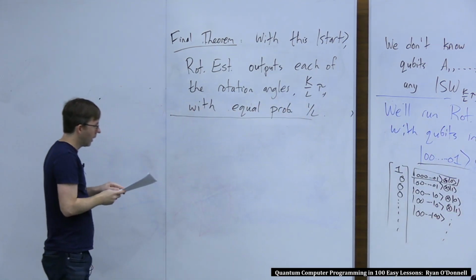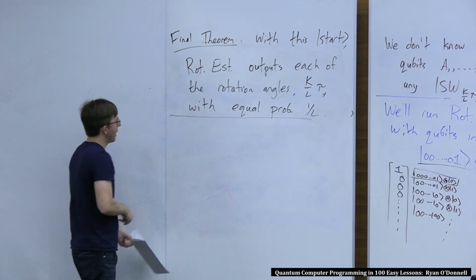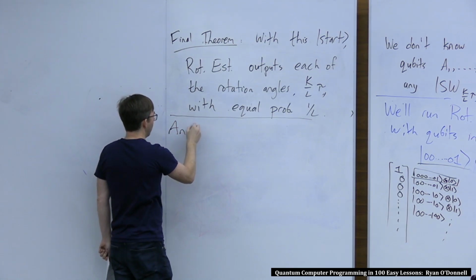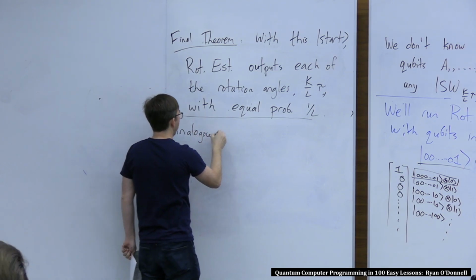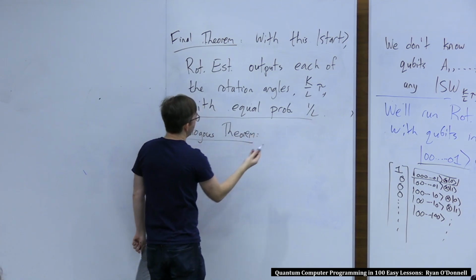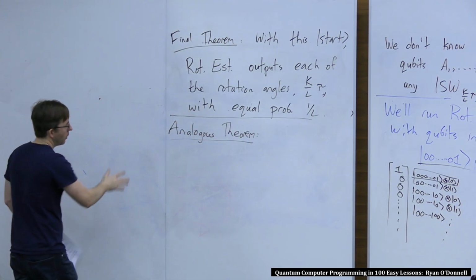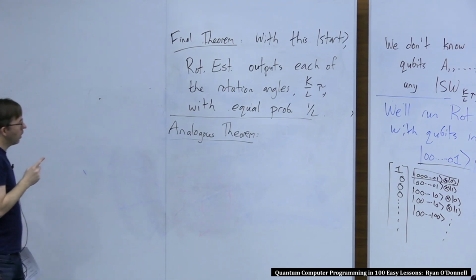So what I'm going to do is do the analogous theorem in a slightly simpler setting where there's less notation. And that will give you the idea underlying this theorem, and then you'll just believe this theorem.